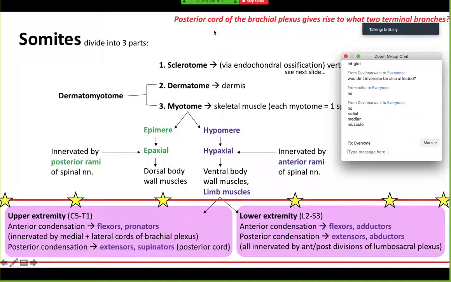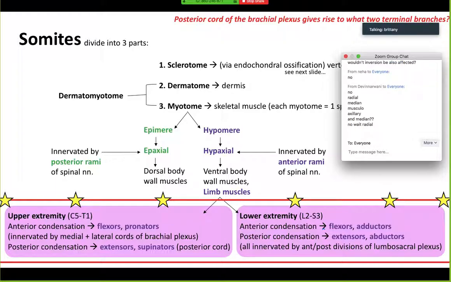Okay, so up here, a little review: the posterior cord of the brachial plexus is going to give rise to what two terminal branches? I know this is going way back, but yeah, axillary is one. Not median.